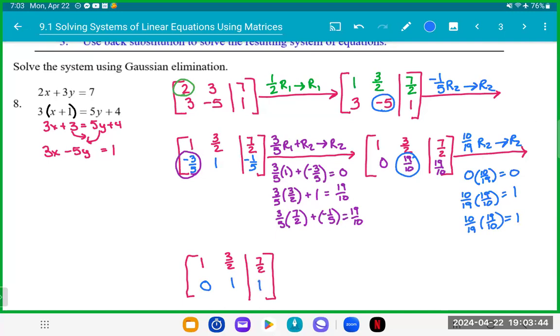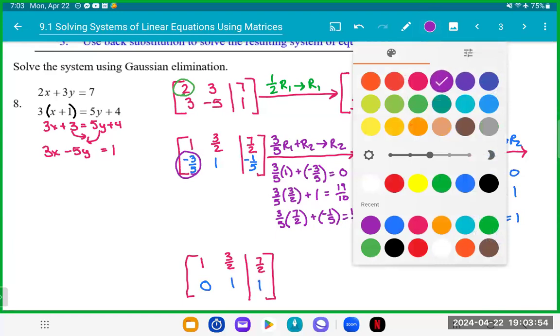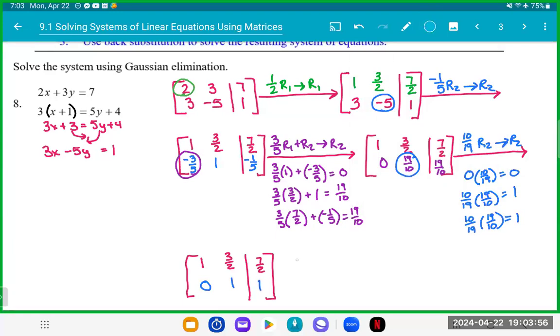So now what this is showing me is that we have x plus 3/2 y equals 7/2, and we have that y equals 1. So we could plug 1 back up into this equation here, and we get x plus 3/2 times 1 equals 7/2.